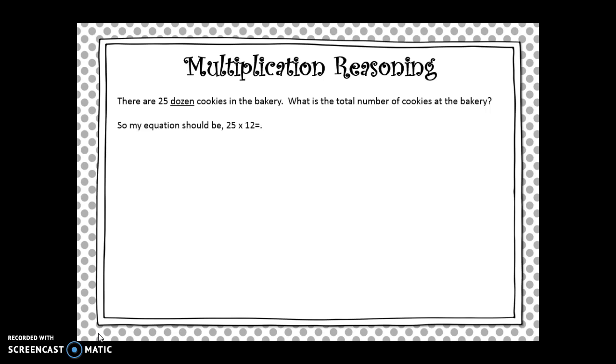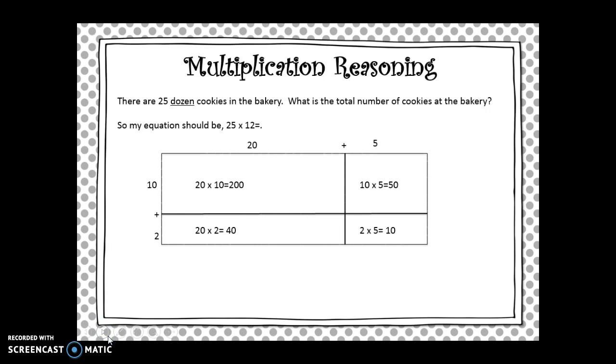So next, we have to solve using a method of our choice. I chose to use the area model. So you will see that I have each step of the area model here.